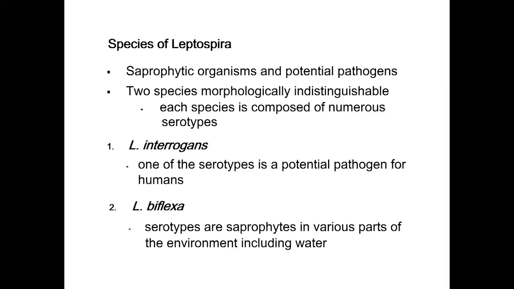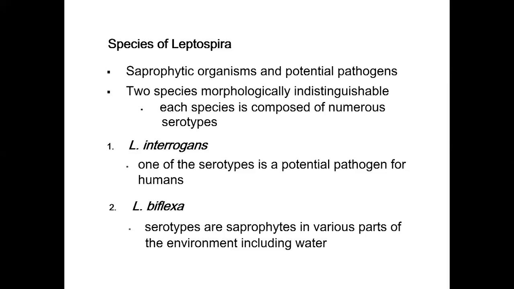One is called Leptospira interrogans. And it is in this species that one of its serotypes is significant as a potential pathogen for humans. There are many serotypes in the species Leptospira interrogans, and among the many serotypes, there's one which is a potential pathogen for humans. Then the second species is Leptospira biflexa.